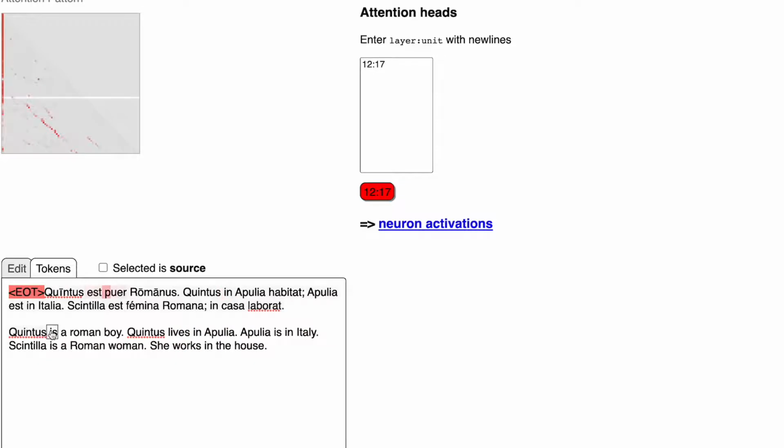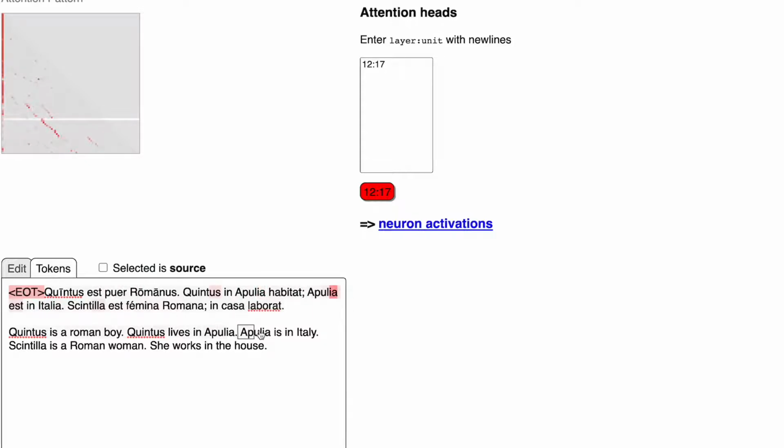Okay, so we haven't quite got there, but now we're starting to see it's starting, right, to look at the previous instances of Quintus and look at the is. Great. So we're starting to get an is. Okay, Quintus est. And yeah, so it's not perfect, but it is getting some of this alignment, which is pretty cool.